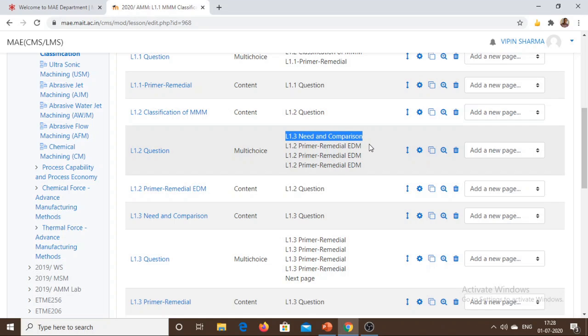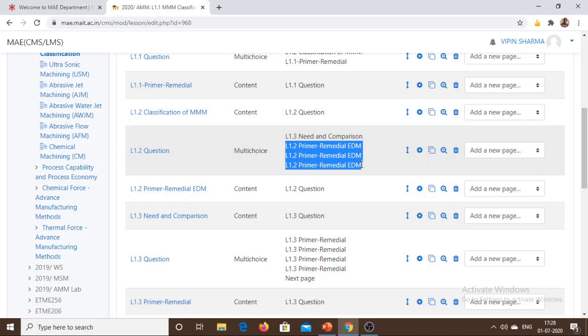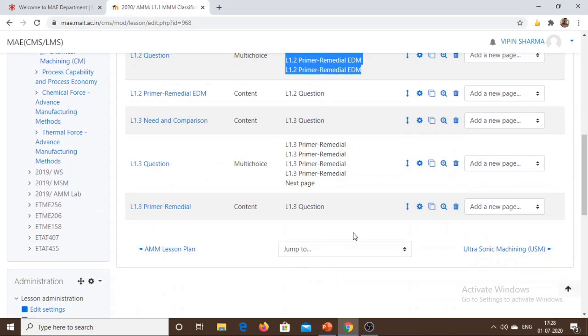If the student attempts it wrongly, meaning one of the three other options, then the student will be taken to the primary remedial. Okay, so here is the primary remedial. And similarly for the third topic of the lesson, until it ends.